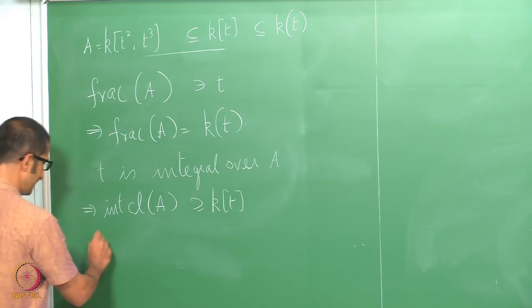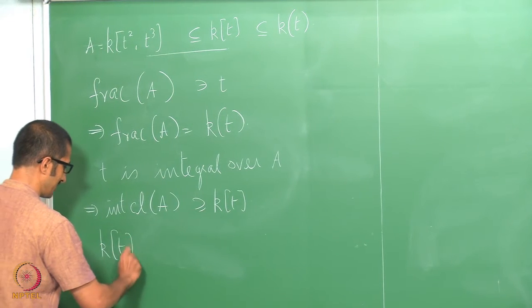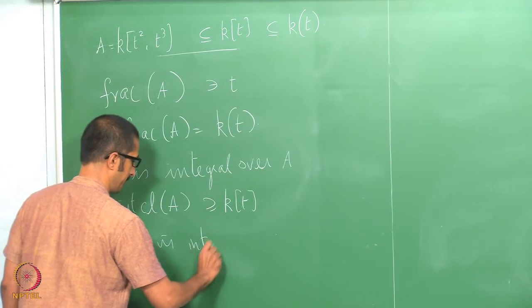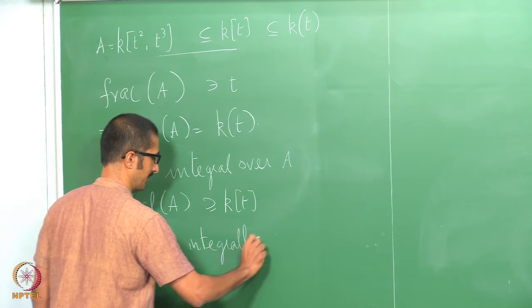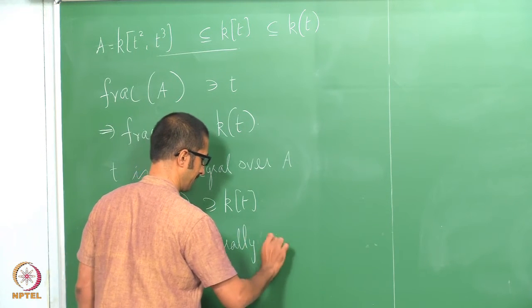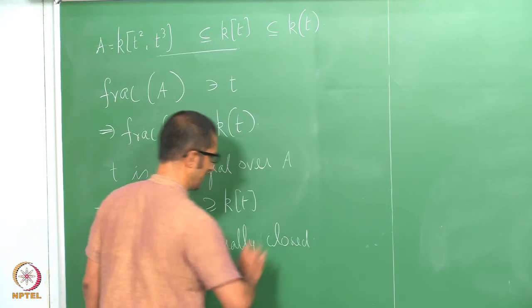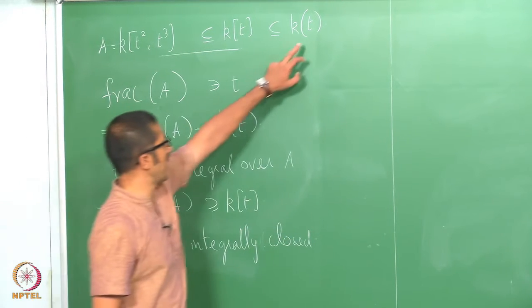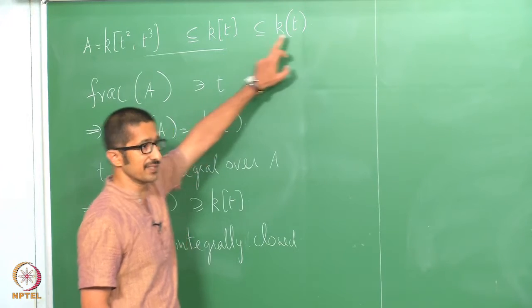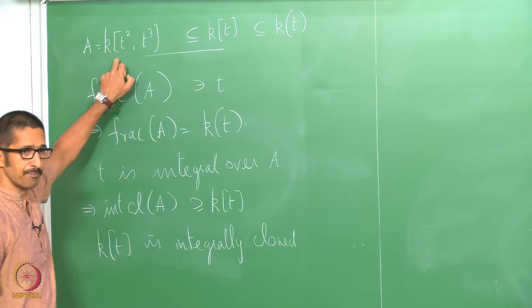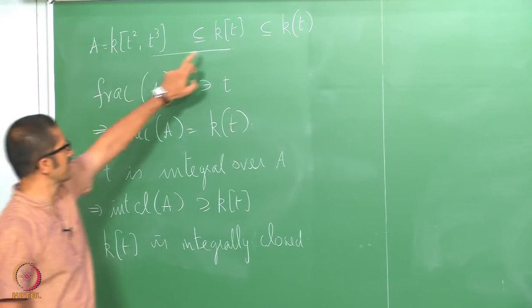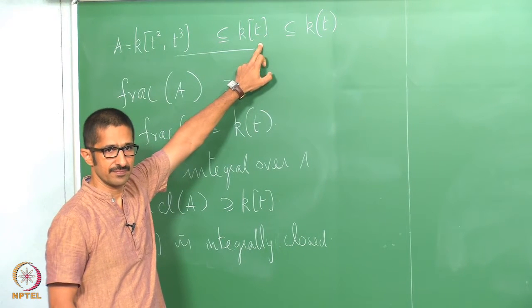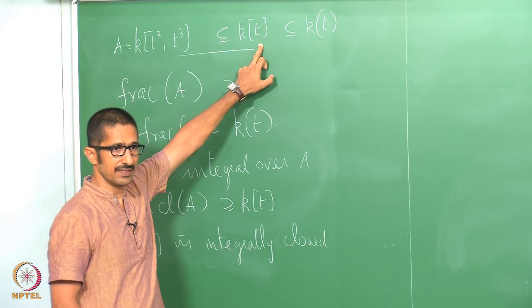Yeah, k[t] is integrally closed. If I start with some element here which is integral over A, it is naturally integral over k[t], right.